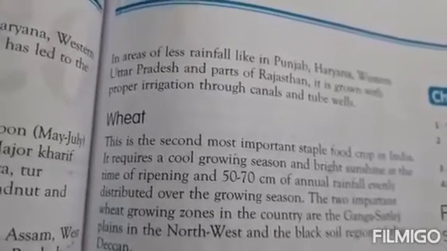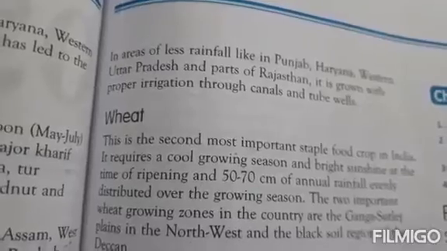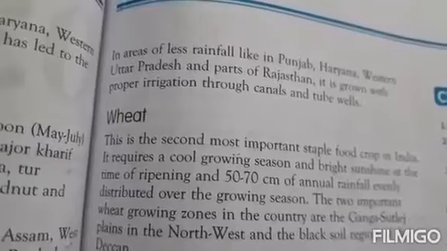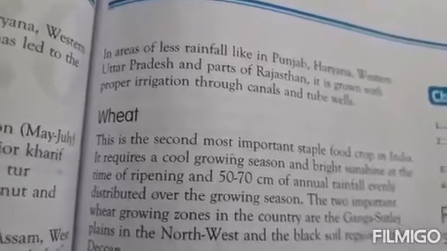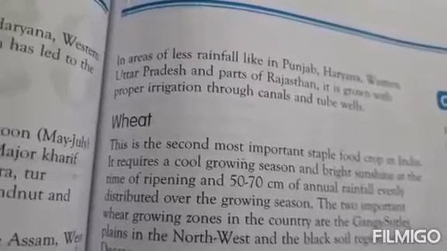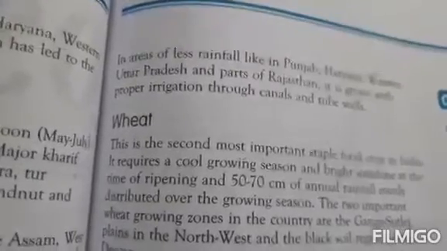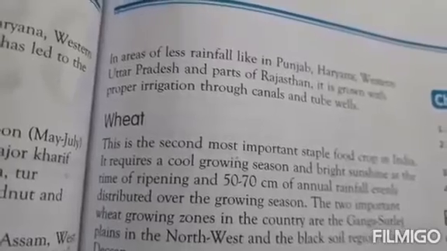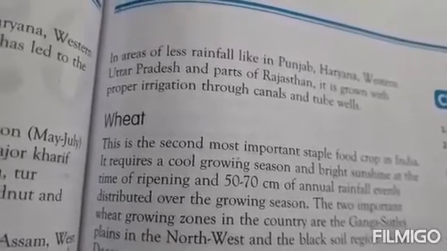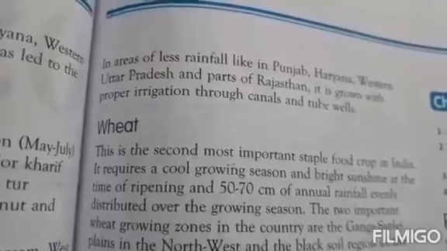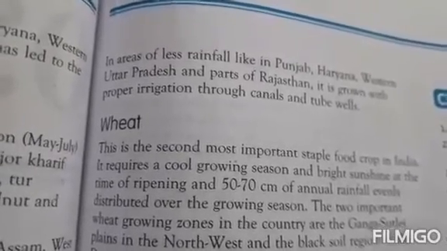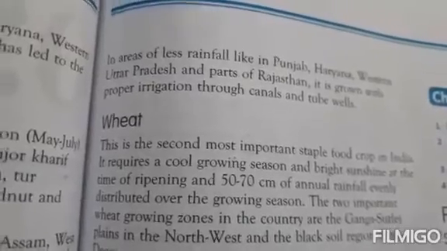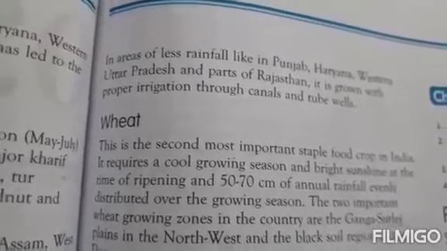The states which grow rice in our country are West Bengal, Bihar, Uttar Pradesh, Chhattisgarh, Jharkhand, Tamil Nadu, Kerala, etc. The temperature should be 25 degrees Celsius plus, and rainfall should be 100 centimeters plus. And this rice comes under Kharif crop. So these are all about rice.